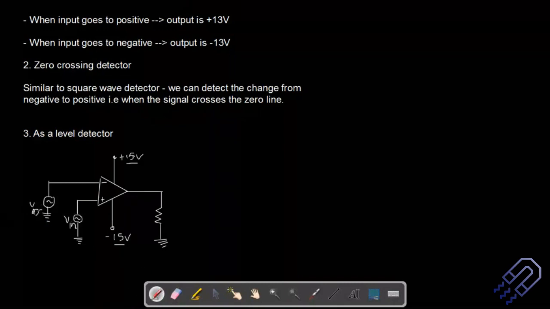Let me write it down, REF. If you have a reference voltage and a voltage which you want to measure, you can say how much above or below the reference voltage is the input voltage. That is the application of it as a level detector.